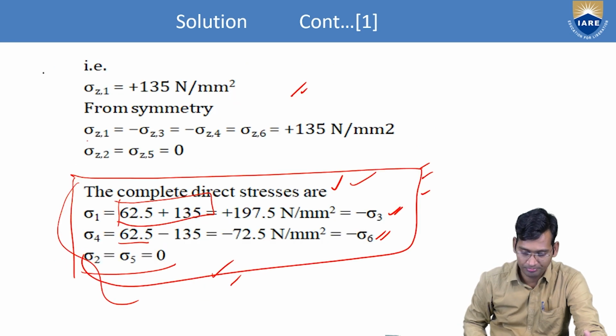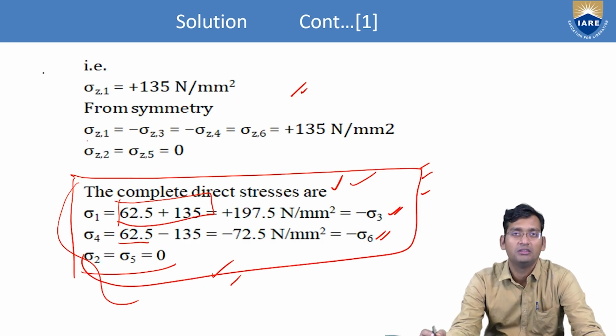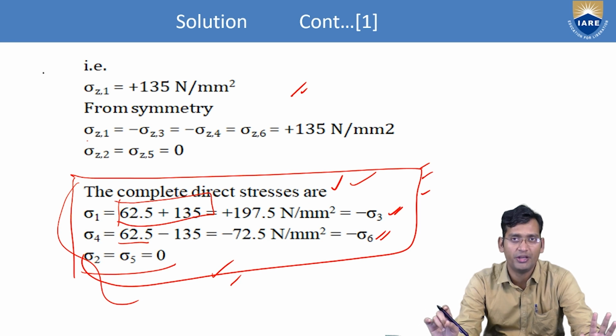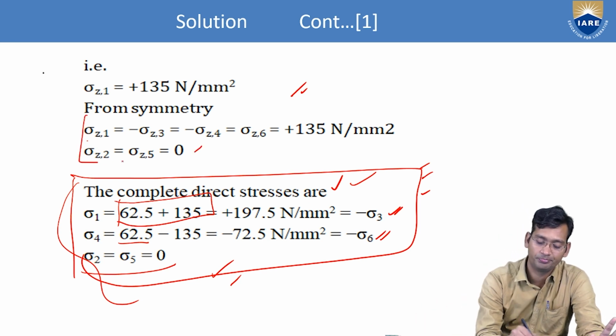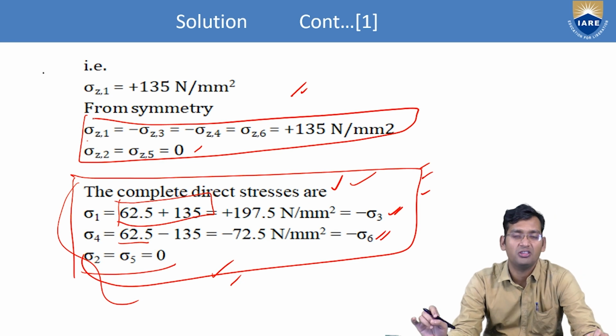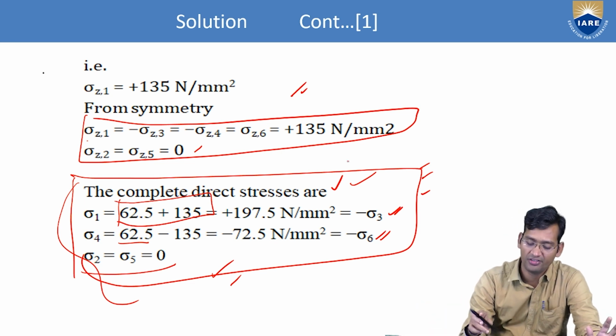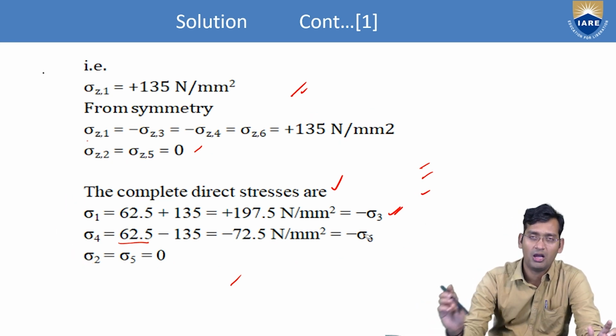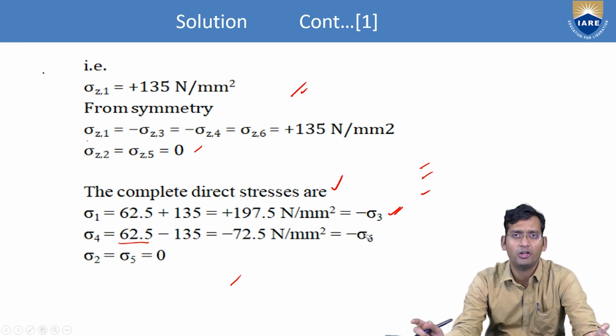From here sigma z1 equals to plus 135 Newton per mm square. From the symmetry, sigma z1 equals to minus sigma z3 equals to minus sigma z4 equals to sigma z6, that is equals to plus 135 Newton per mm square, and sigma z2 and sigma z5 is 0. So now we have sigma tau 1 to sigma tau 6 and sigma z1 to sigma z6. Now the complete direct stresses will be the sum of sigma tau and sigma z.